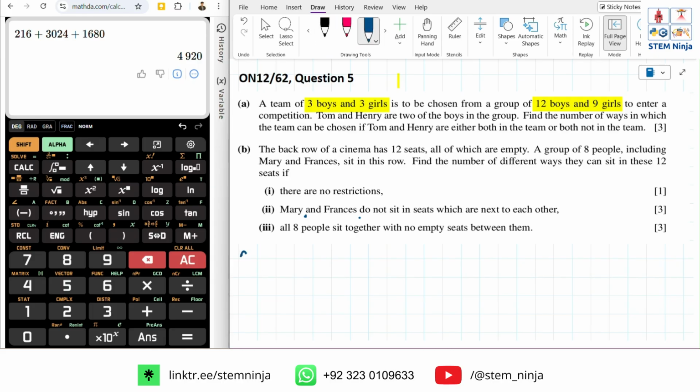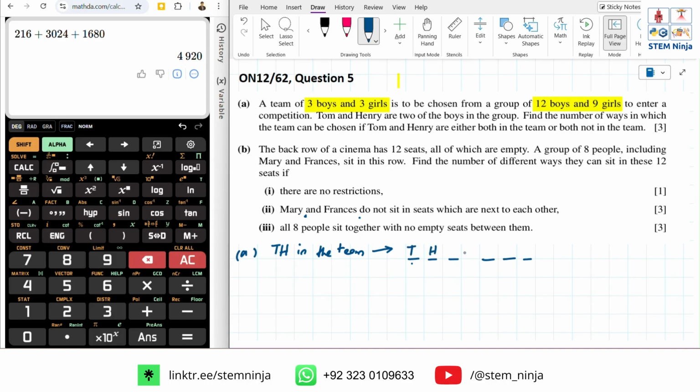Okay, so this is quite straightforward. We have seen the case in this video alone, like twice at least. So Tom, Henry in the team. So if they are in the team, you need 3 boys and 3 girls.